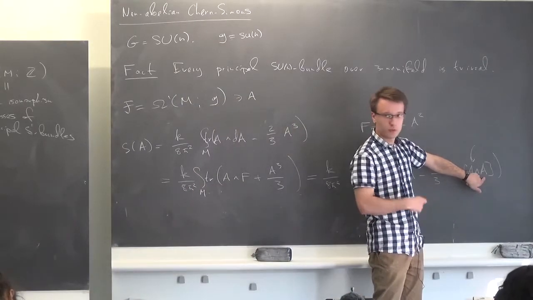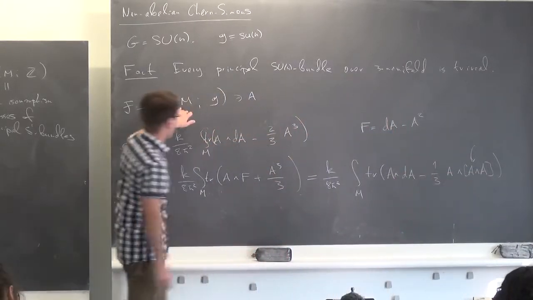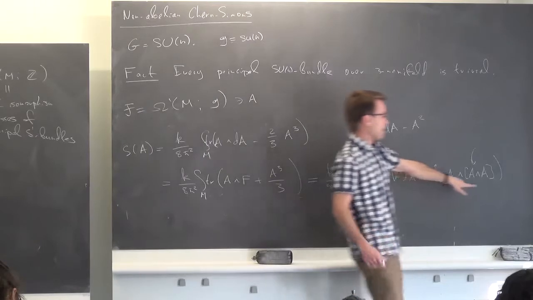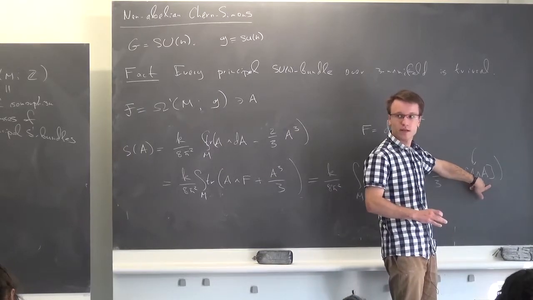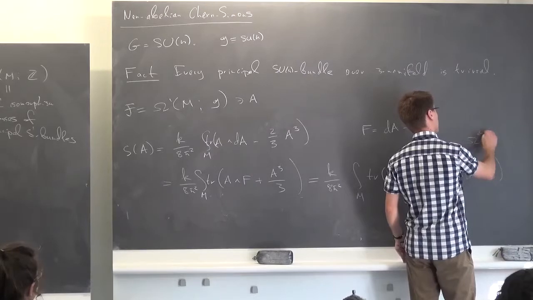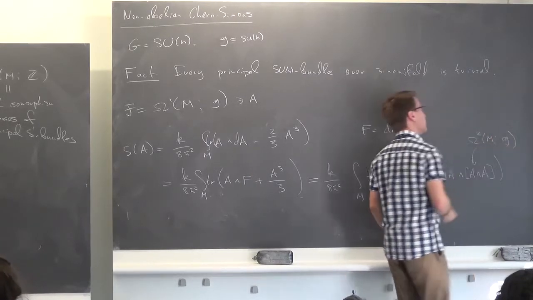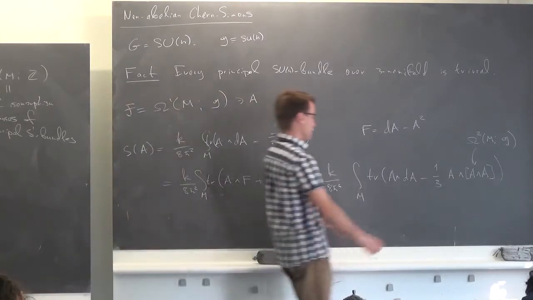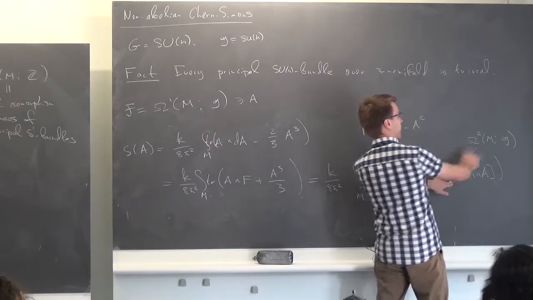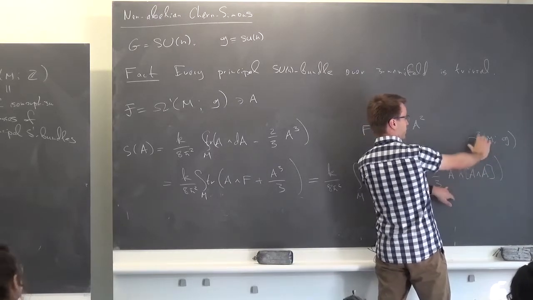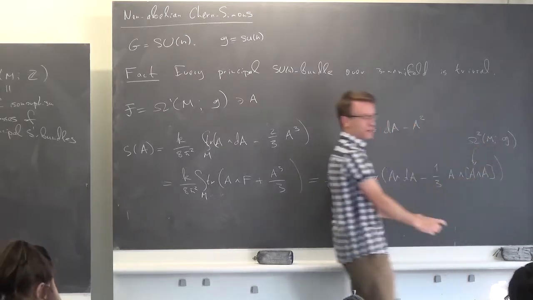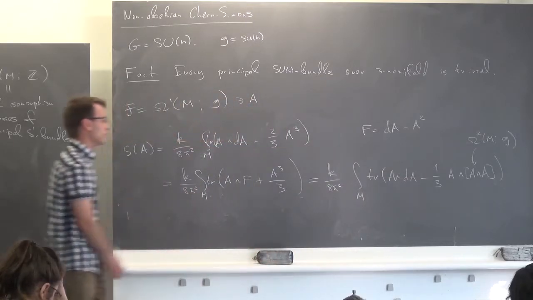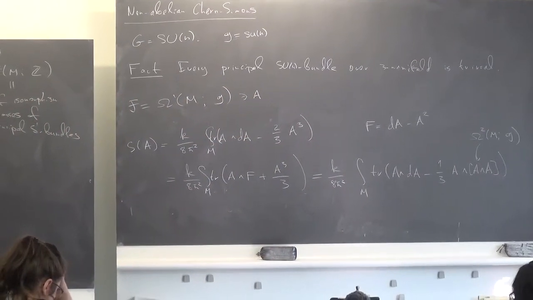You can wedge two 1-forms together. You get a 2-form valued in 2 copies of the Lie algebra. And on the Lie algebra factor, you can just apply the bracket, and you get a single copy of the Lie algebra. So this is going to be a 2-form on M valued in the Lie algebra g in a single factor. And now here you have another 1-form on M valued in the Lie algebra. So if you wedge them together, you get a 3-form valued in 2 copies of the Lie algebra, and then you apply the pairing given by the trace. And same thing here. So that's a more invariant way of writing it. But for the matrix group, it doesn't matter.